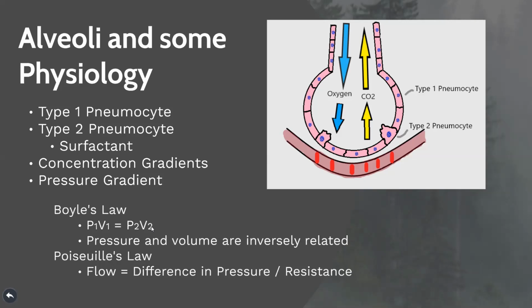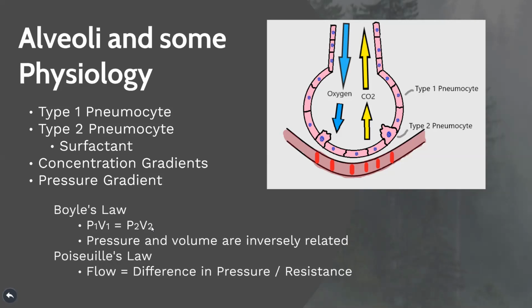So we use our muscles to expand our chest, and as we do that, the lungs get bigger and the pressure drops. That's what causes the air from the outside around us to go into our lungs. We're decreasing the pressure in our lungs when we inhale and expand our lungs.